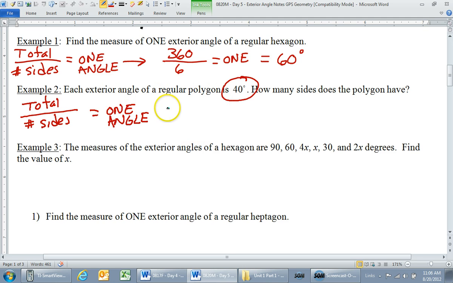So that means, Maya, what am I going to put for total degrees? I'm just going to have 360 over n equals 40. Because that's the total degrees divided by the number of sides, which we don't know, is equal to 40, because that's one angle, which we were given. Then it's just a matter of solving this little equation.